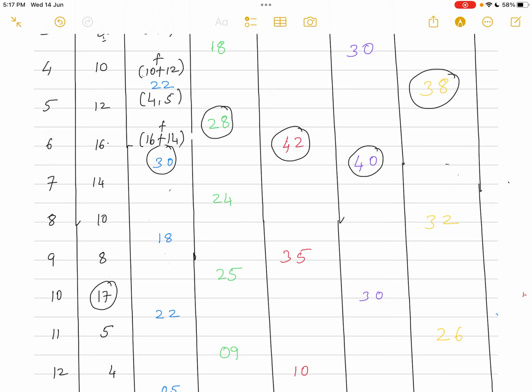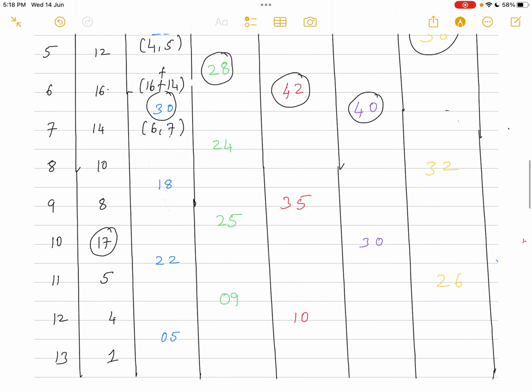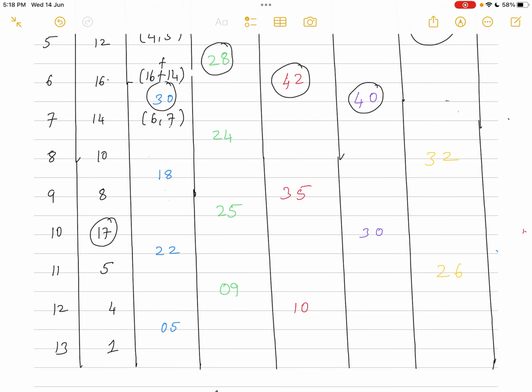So the f value is 16 plus 14. So 16 plus 14 we are getting 30. The corresponding x is here 6 and 7. In the same way, the next one, frequency 10 plus 8, we are getting 18.